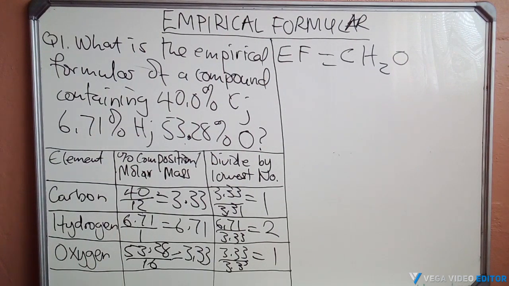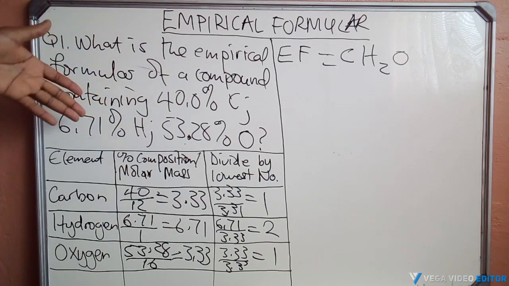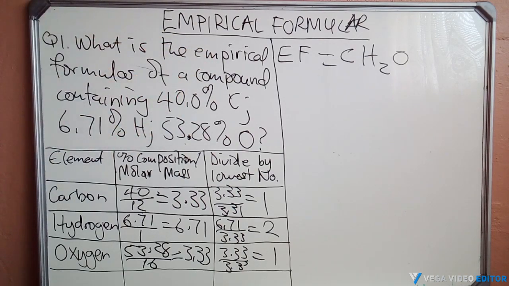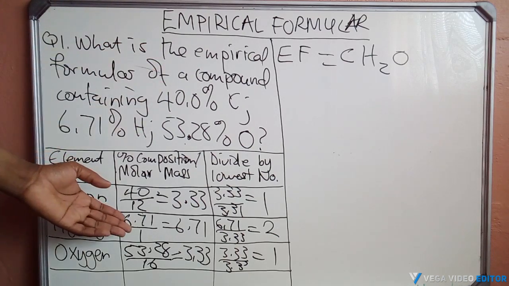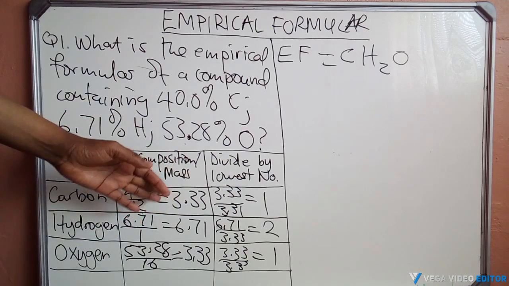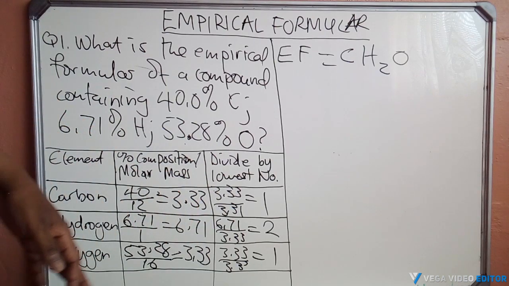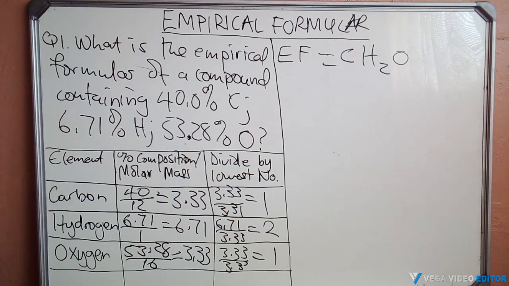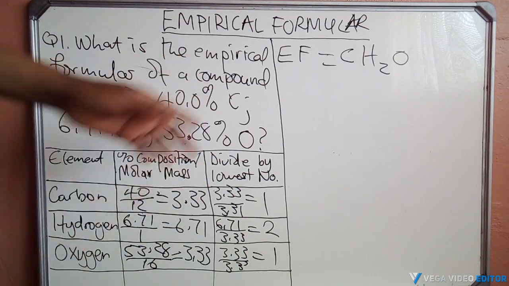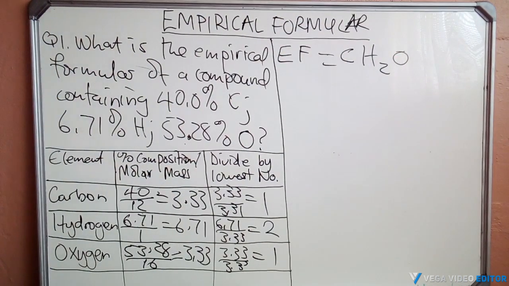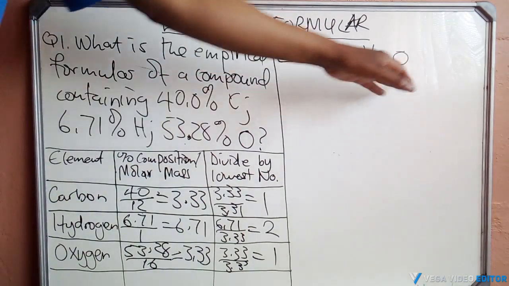Now remember, first and foremost, you need to check the percentage contribution of each of those elements, what they are contributing to that particular compound, divide by the molar mass to get that ratio there. Once you've found it, divide by the least amount to find the ratio of one element to the next. So we know that in our compound we are going to have 1 carbon, 2 hydrogens, and 1 oxygen in that particular ratio.